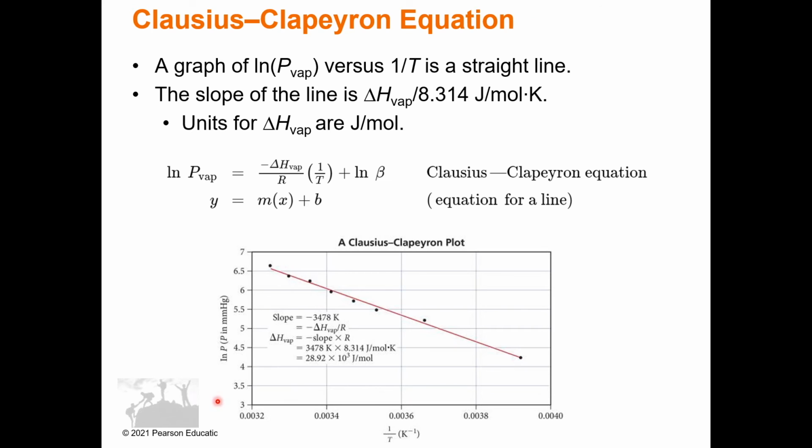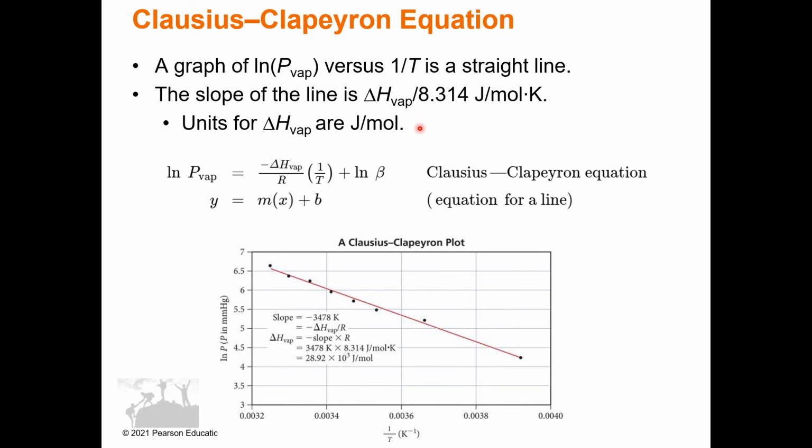Okay, here's our y-axis, x-axis. So our y-intercept is the natural log of the vapor pressure. Our slope is the negative delta H vaporization over R. Now the R that we're going to use is this value, 8.314 joules per mole K. This is different from the R value that you used in the gas chapter.